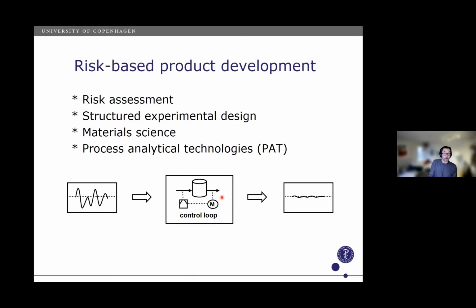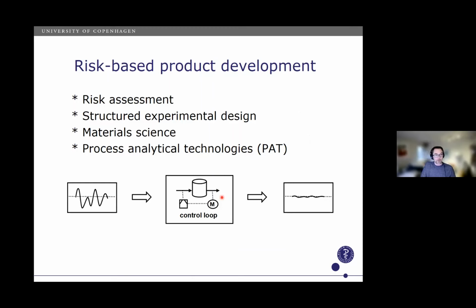And here is again the toolbox that is needed for creating this process understanding and doing the quality by design approach, or if you will, risk-based product development. This expression risk-based also refers to the full-blown quality by design approach. Risk-based means that you understand the risk related to your product, and that is done by doing risk assessment of your product.